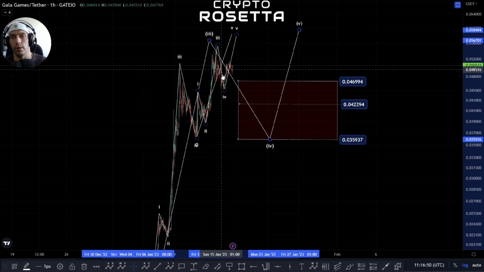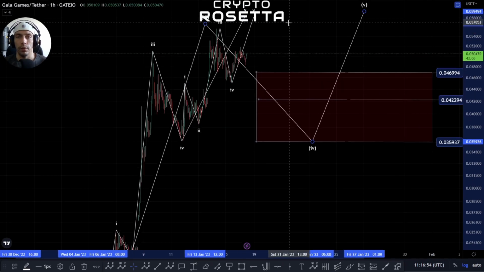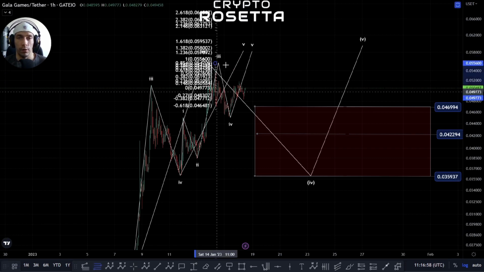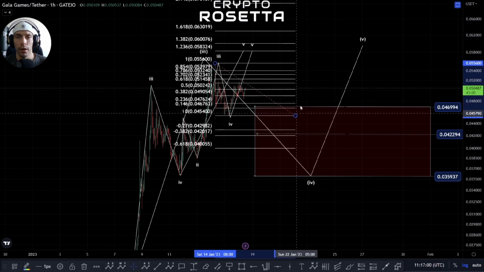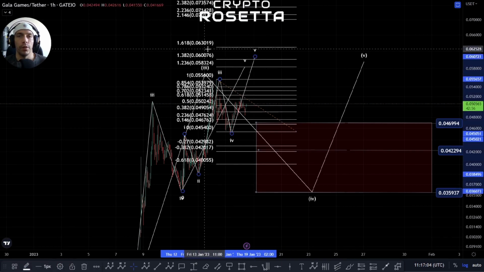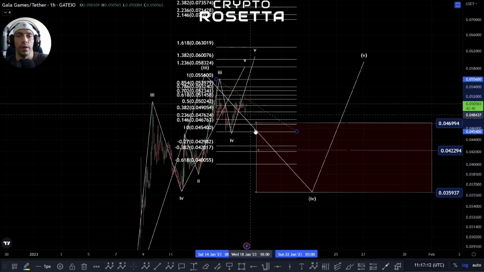If we do start to break down after this move to the upside here, effectively what we'd be looking at, if I look at it off of this zone as well, if we're looking at this as a third wave, the zone that we'd be looking to push up for this fifth wave is potentially here, the 63019 to this 58324. So it's possible we still have some upside potential here.